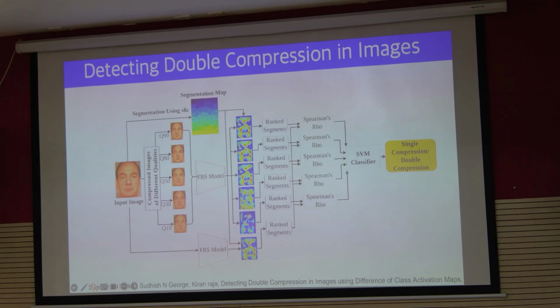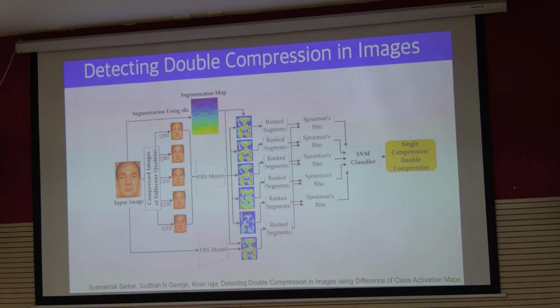If the image is unmodified, the region rank should remain consistent across all the different compression levels. If that is not the case, it is going to tell me how many ranks are flipped and how many ranks have remained consistent.